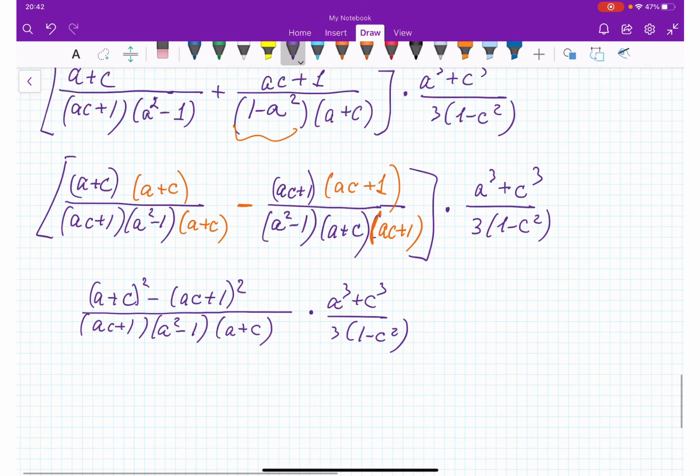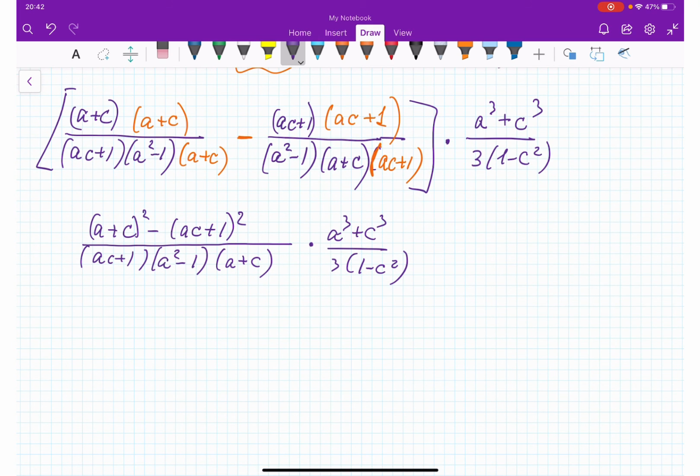Okay, next. I need to open this numerator, which is going to be a plus c squared. It's going to be a squared plus 2ac plus c squared and minus a squared c squared plus 2ac, right?